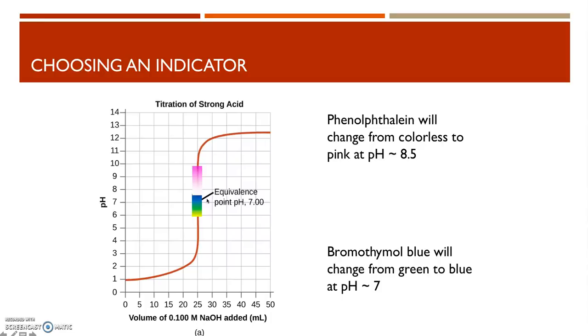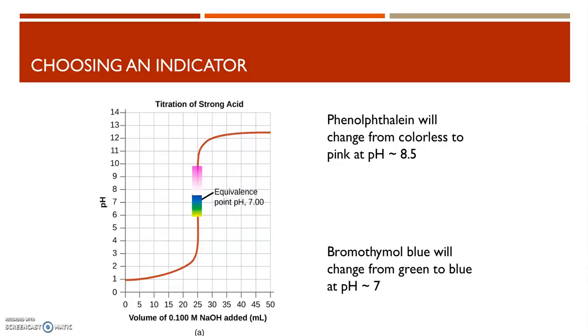So we want something that's going to change color there. Now bromothymol blue will change from yellow to blue right around pH 7. Would you be able to see the difference between this green color and the blue color to know the disappearance of all the green? That might be hard to distinguish.